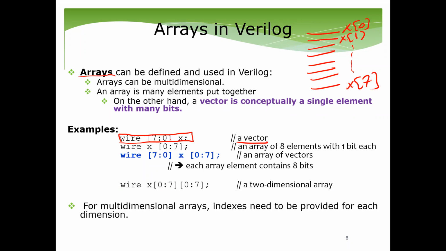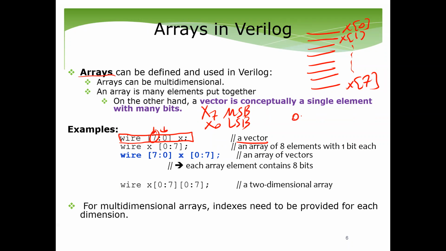And usually we declare it [7:0] to indicate that x[7] is the most significant bit and x[0] is the least significant bit. And why do we do that? If you are using x as a number that's going to an adder or subtractor or any arithmetic or logic function, this is how we define it.